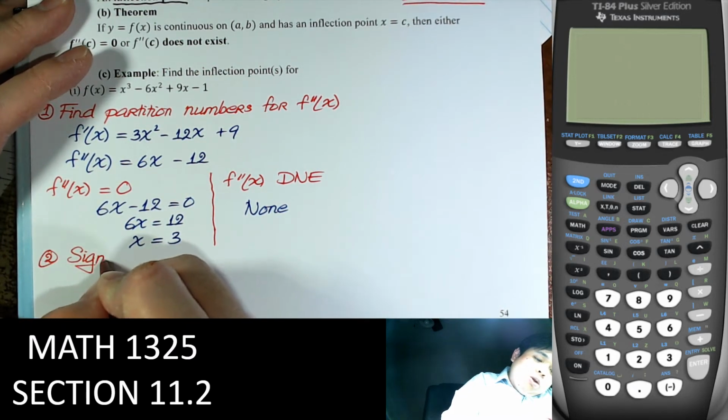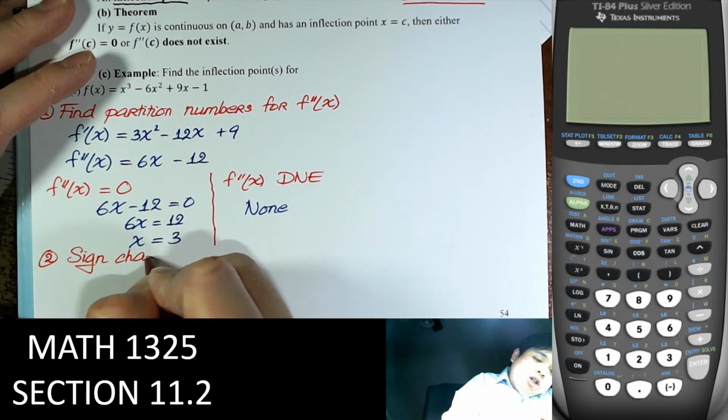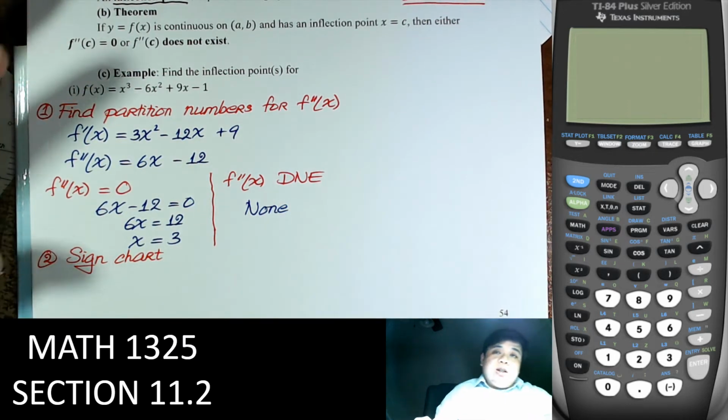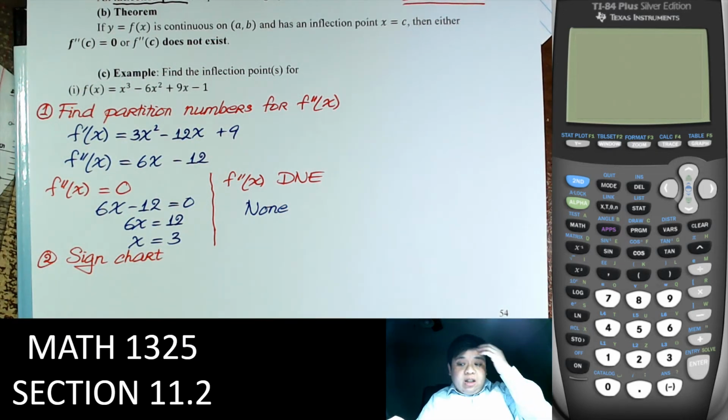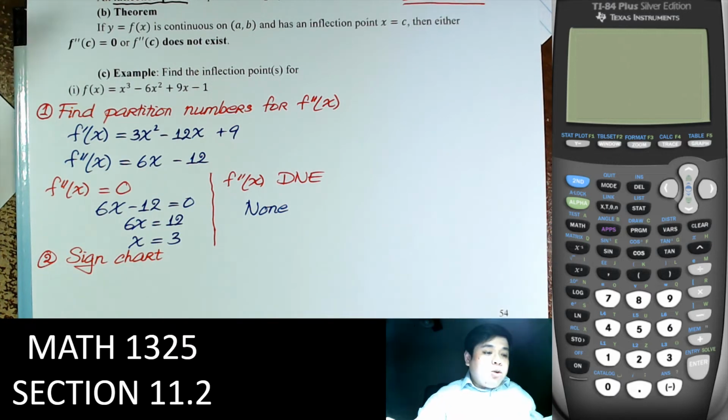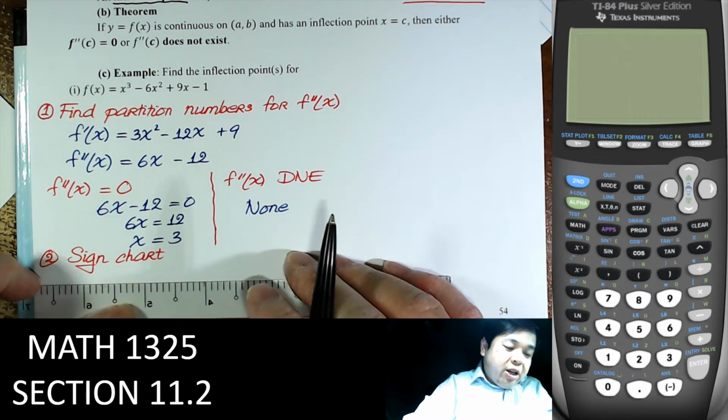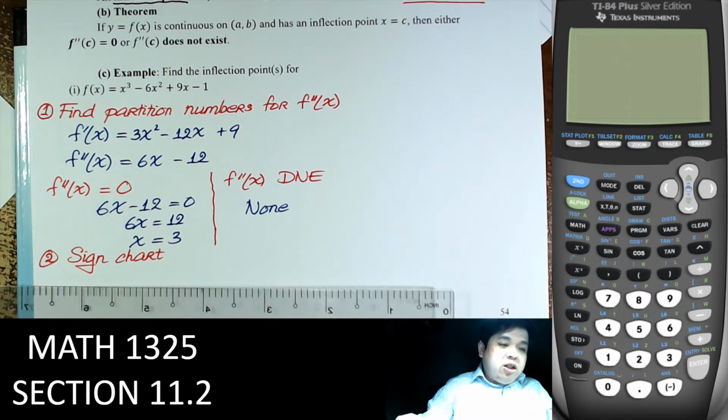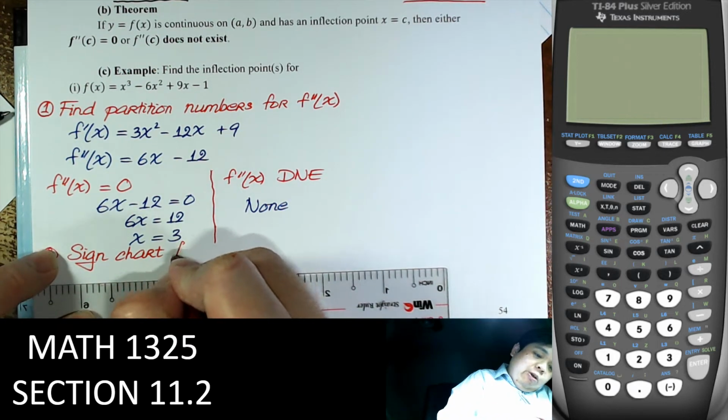We do need to make sure that the concavity actually changed, meaning the second derivative will change signs. Right, so we do need to make the sign chart for the second derivative. Just make it clear for the second derivative.